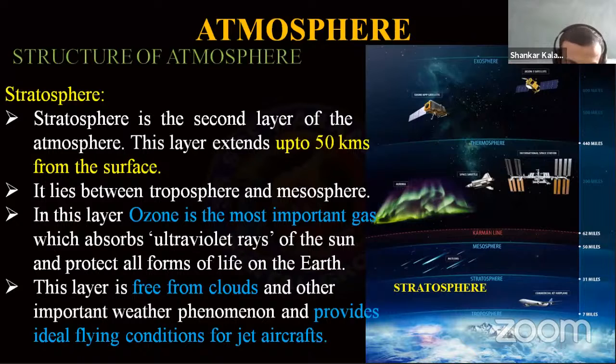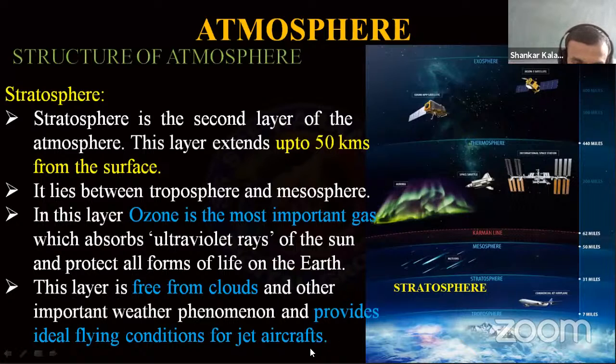To protect all living beings on the earth's crust, this ozone layer holds the ultraviolet rays and protects us from the ultraviolet rays of the sun.